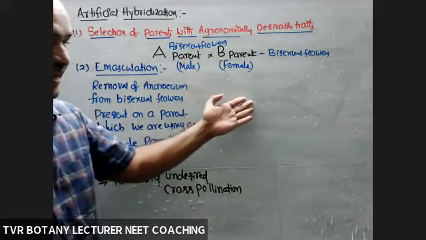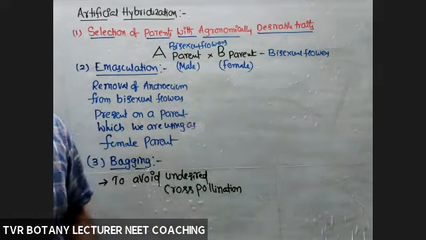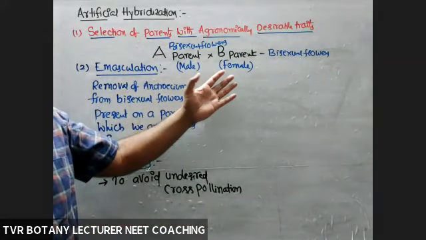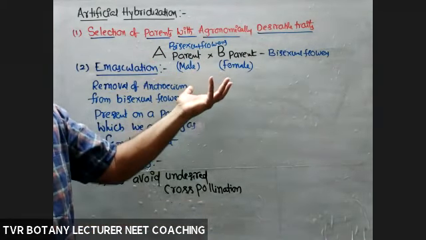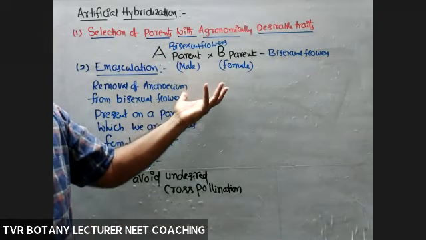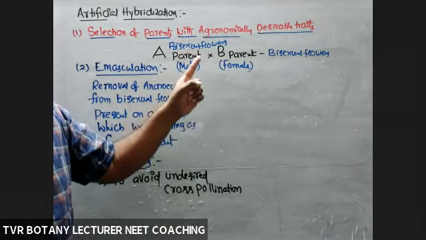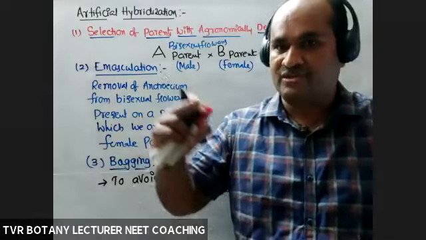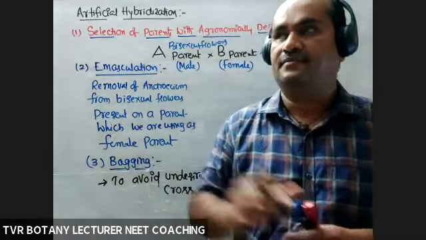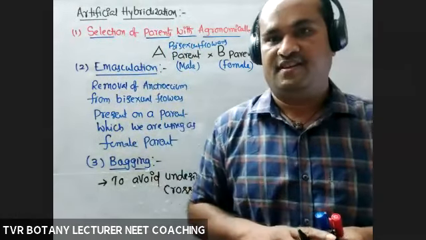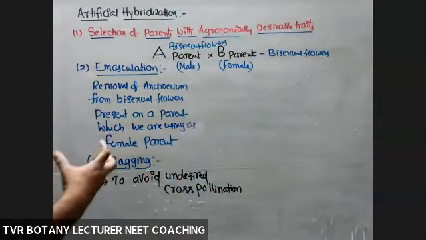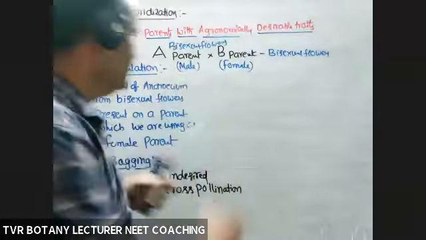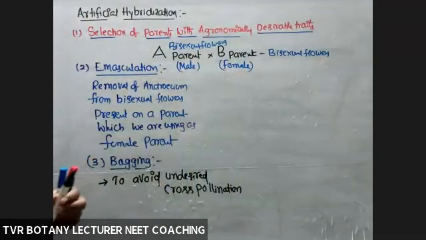Definitely in the area where we are executing this artificial hybridization, pollen grains coming from different species are definitely present within the environment. So to avoid natural, undesired cross pollination, and to favor desired cross pollination which we are performing between parent 1 and parent 2.